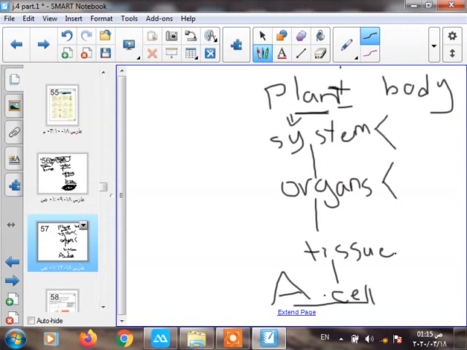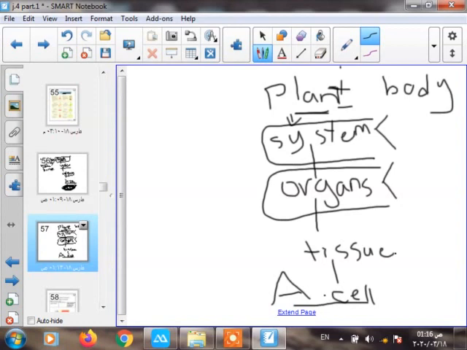Root is on the ground, inside the ground, under the ground. And shoot, each system has organs. What are the organs for the shoot and the root? Organs for root: roots. And organs for shoot: stem and leaves. Excellent.